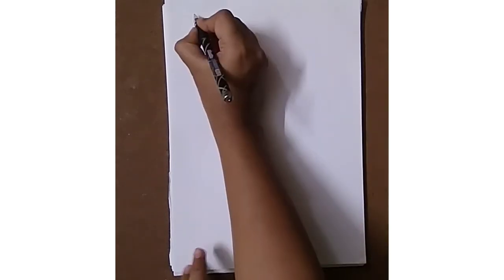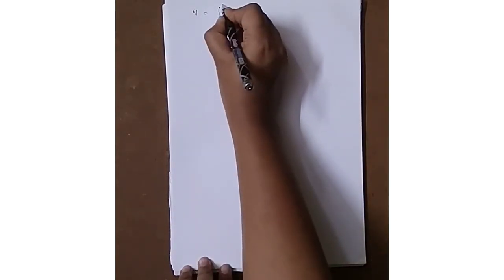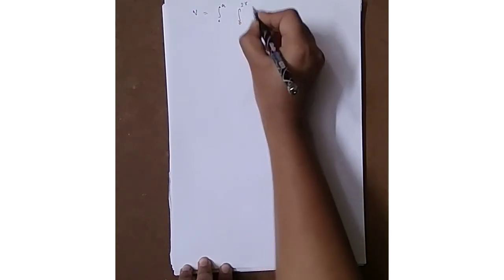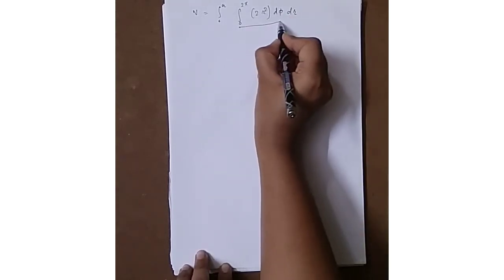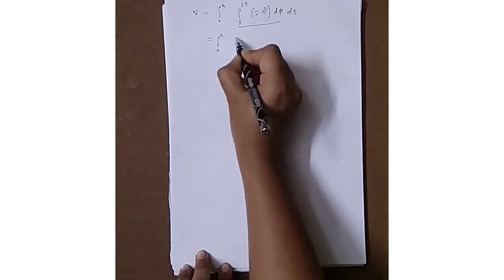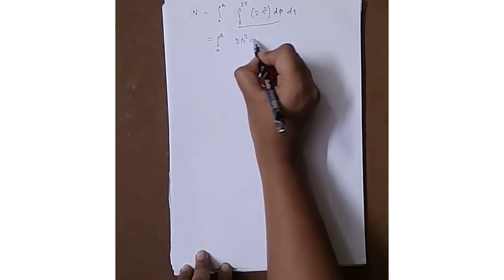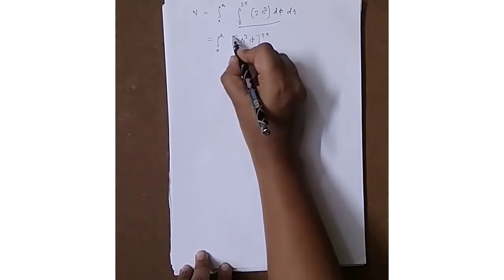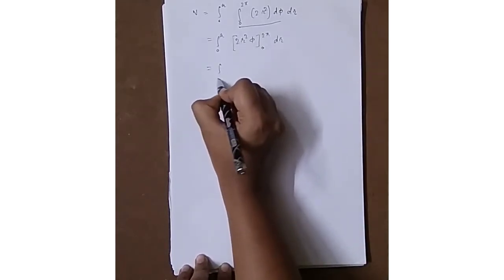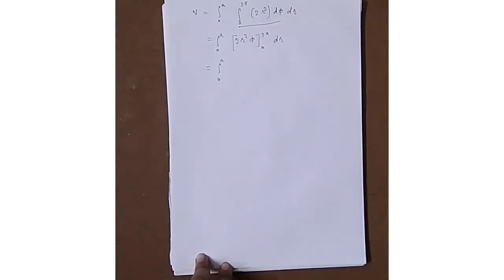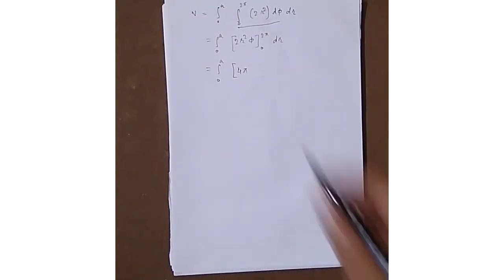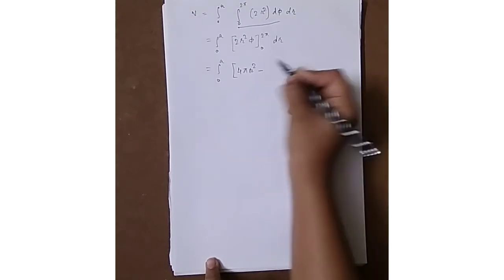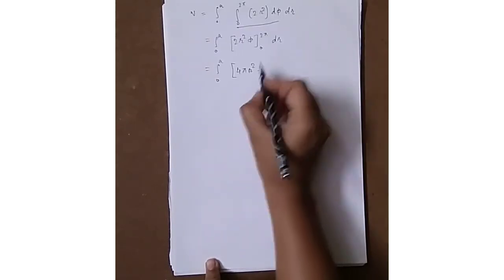Next, volume V is equal to the integral from 0 to a, 0 to 2 pi of 2r square d phi dr. Integrating this, 2r square is constant and the phi limit is 0 to 2 pi, dr. Putting phi equal to 2 pi first, we get 4 pi r square, minus, when you put 0, the term becomes 0.